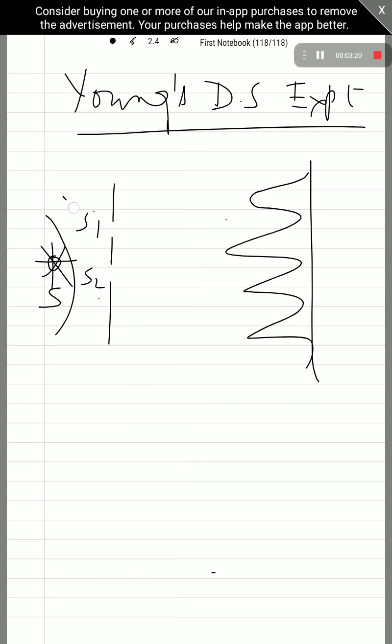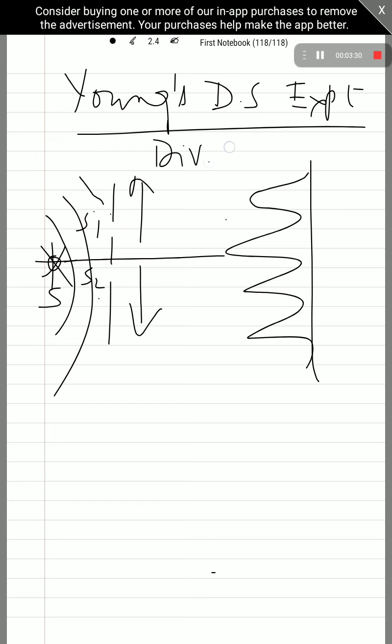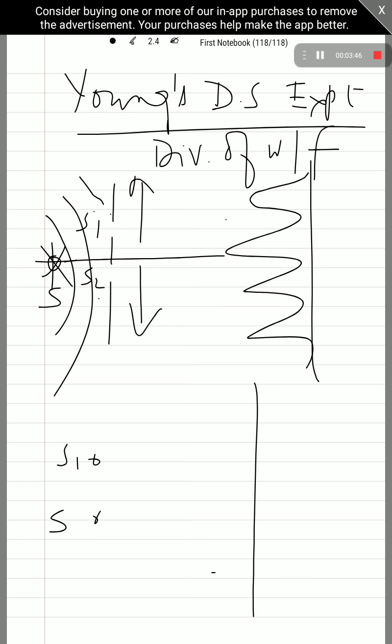So the wavefront will be like that, and from this point there is the upper half of the wavefront and the lower half of the wavefront. So this is division of wavefront. The wavefront is getting divided into the upper half and the lower half. So at any point P from these sources S1 and S2, let us say here, this is the path and this is the path.